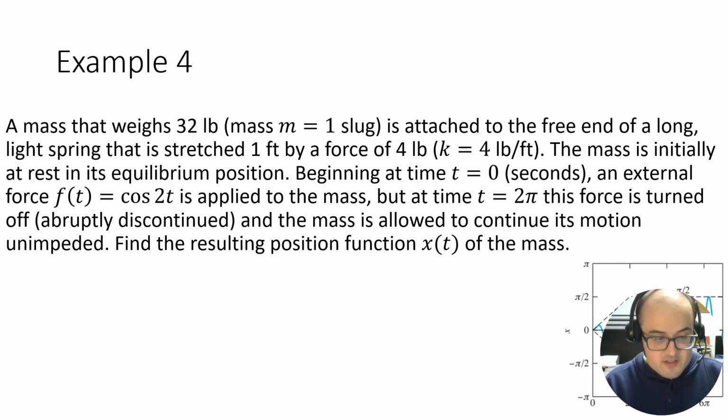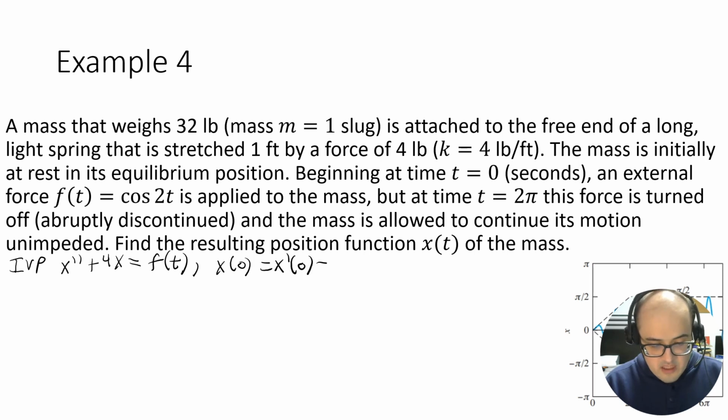So the initial value problem for this would be x double prime plus 4x is equal to a function f of t, where x of 0 and x prime of 0 are both 0.